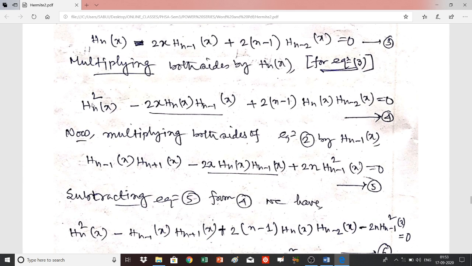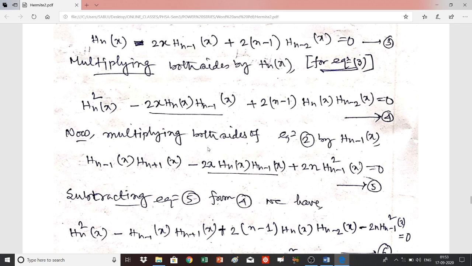The first term of equation 4 is written here, and the first term of equation 5 is written here.